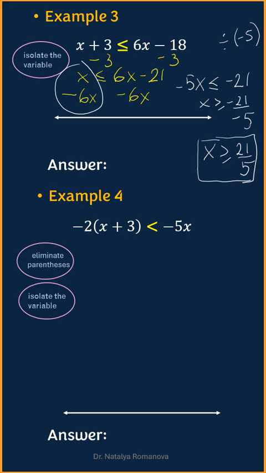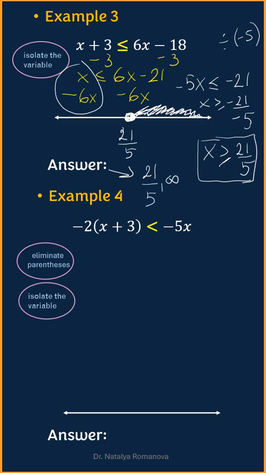We have x greater than or equals 21 fifths. Equals, so we must use a full dot at 21 over 5. It is the right side of our graph.